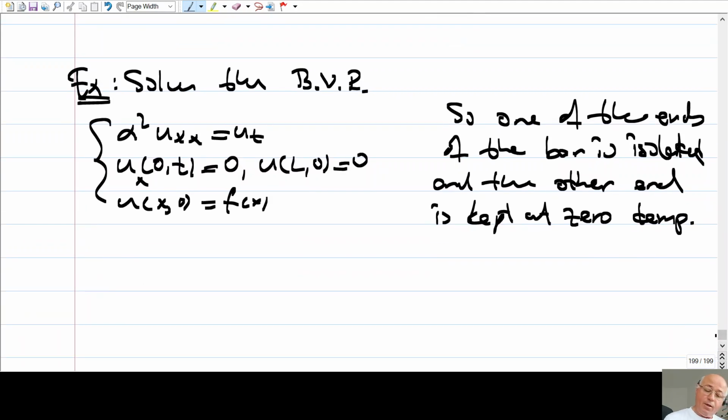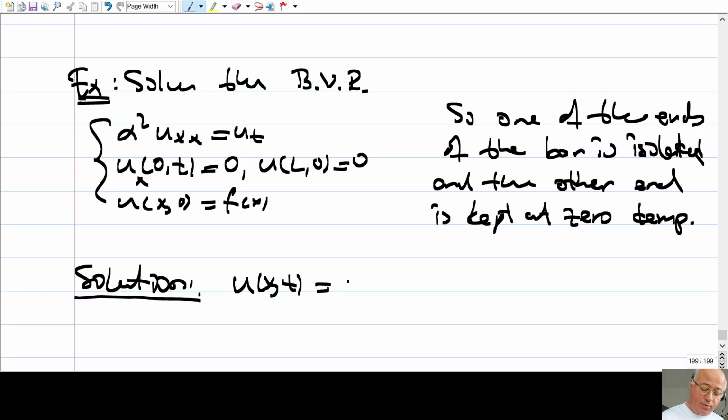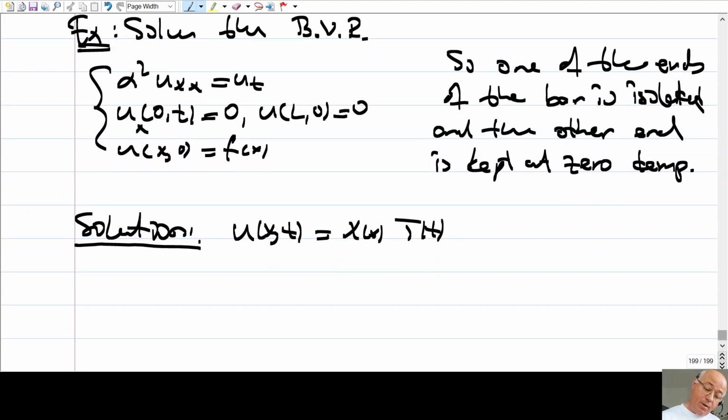Okay, how can we solve this? Well, let's see. Again, we will use separation of variables. So I have X of x times T of t, and this gives us the same equations as usual. I will not write down all the details.